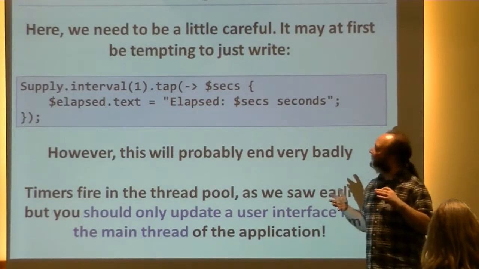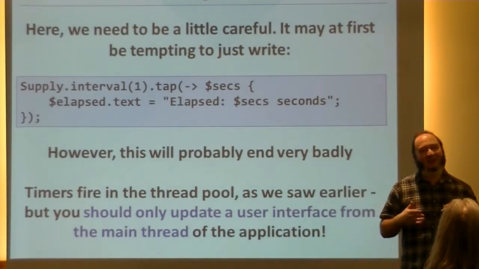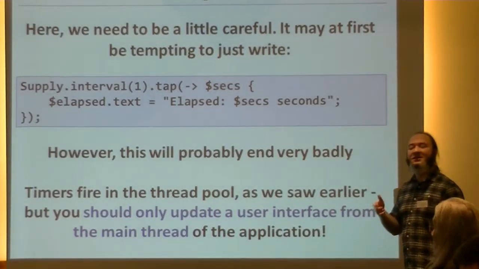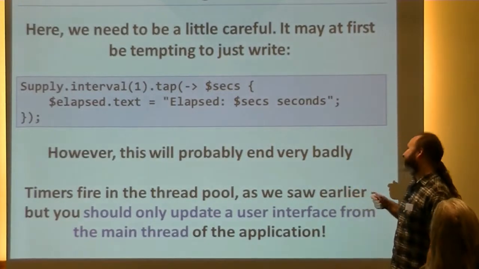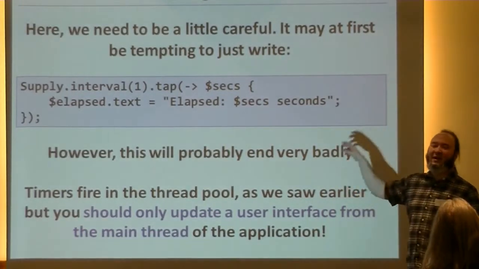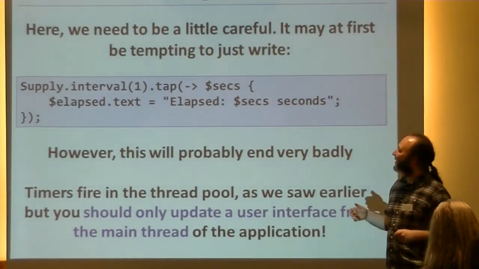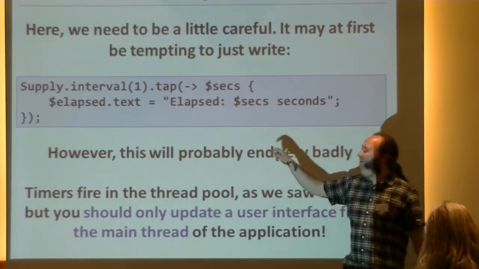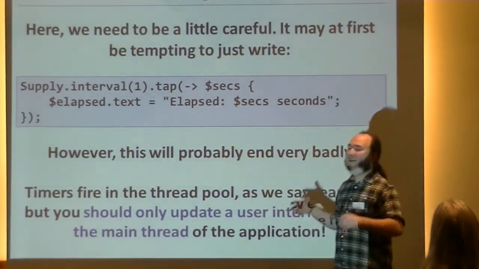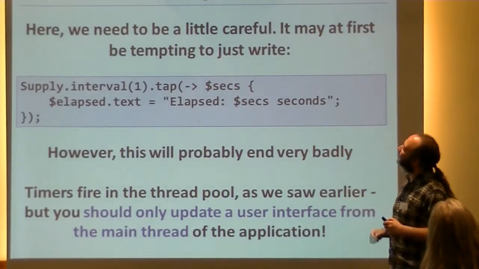If you've built user interface applications and done threads all at once, you might have run across the issue that you can only update the user interface from a particular thread. We call it the UI thread. And this is going to basically end up crashing our application at some point if we're not very, very careful. Because this bit of code here runs on a thread, but it tries to update the UI, and that's an illegal operation. So how do we deal with this?